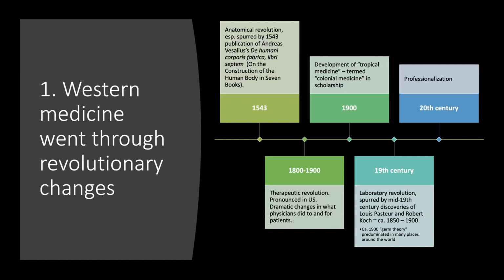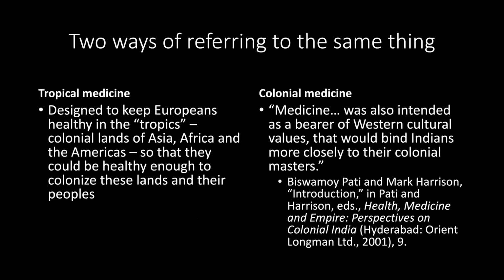The next one, circa 1900, becoming dominant, was the development of tropical medicine, which scholars term colonial medicine. And this is really two ways to refer to the same thing. Tropical medicine is a way to designate the fact that Europeans believed that white bodies were susceptible to these new diseases in Asia and Africa, the places that they wanted to colonize, which they termed the tropics, because they tended to be warmer locales, honestly, where mosquitoes were very prevalent.